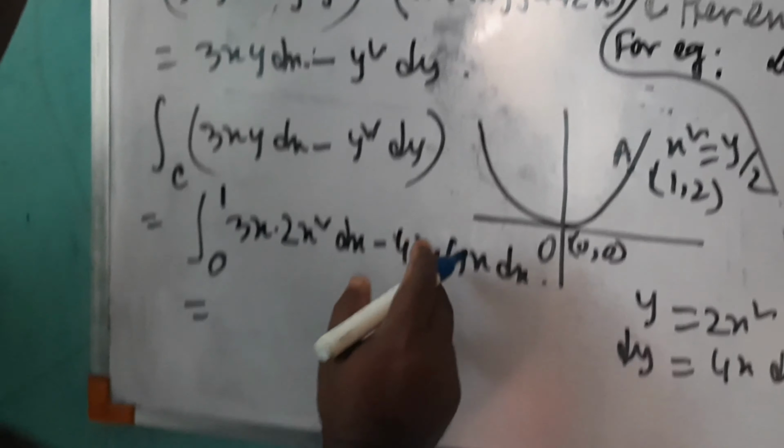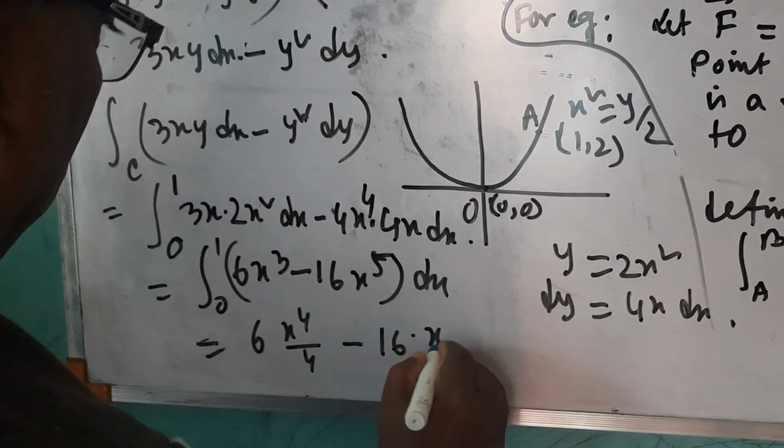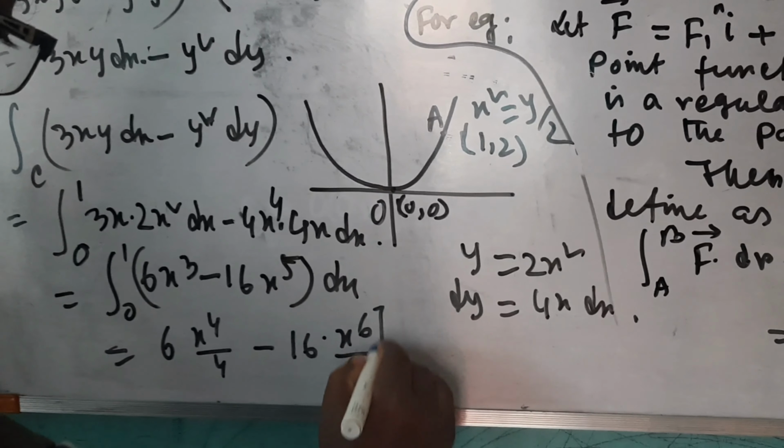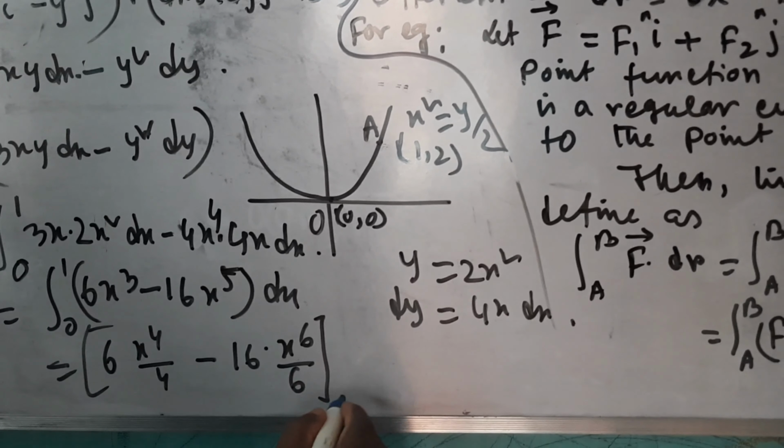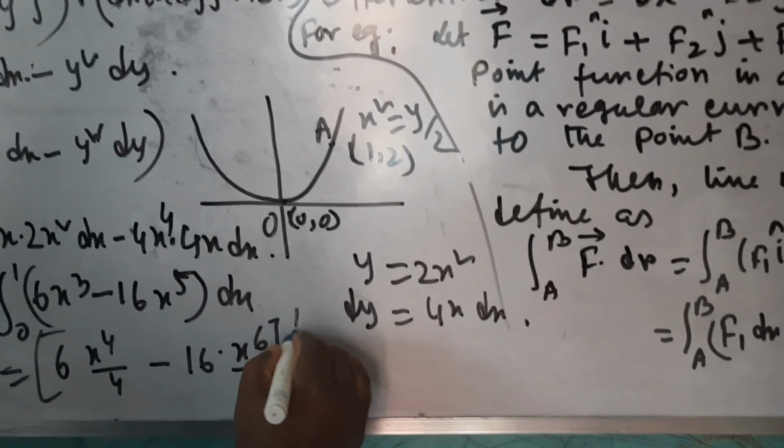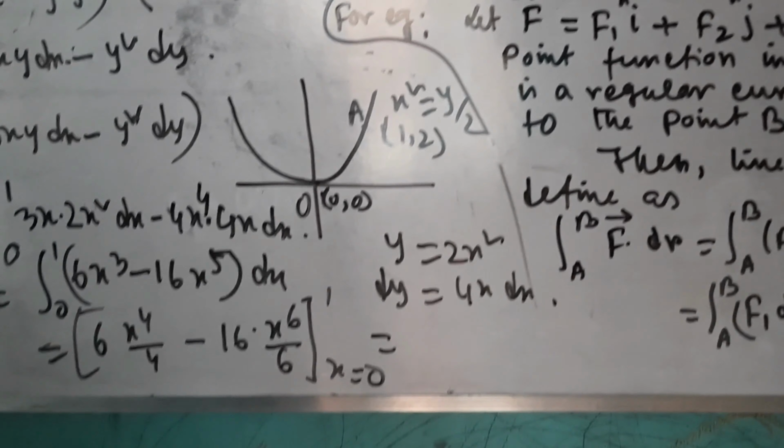Now you can integrate easily: 6 into x to the power 4 by 4 minus 16 into x to the power 6 by 6, with x from 0 to 1, upper limit minus lower limit.